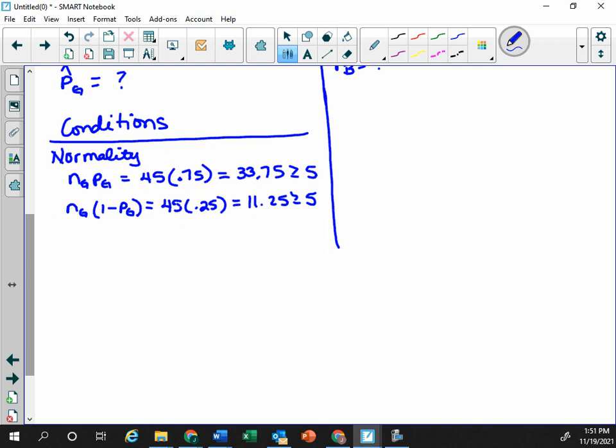Yes, you have to use the subscripts. Yes, you have to show all the numbers, what you're calculating. Think of it as free points, okay? You can check these conditions and get the point for this on your test, even if you're not sure what the process is, what test or interval or anything you're doing. You can get this free point, okay?